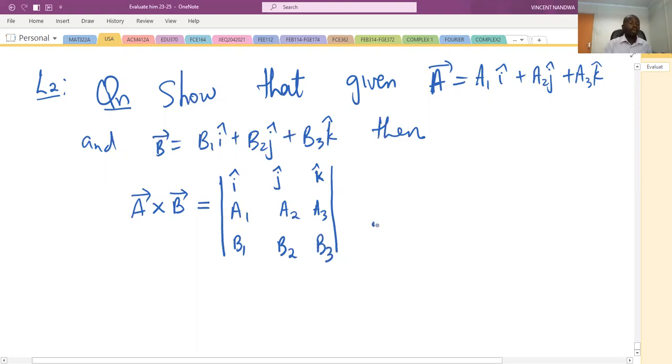That is, the cross product of A and B can be expressed in terms of the determinant of this 3 by 3 matrix.